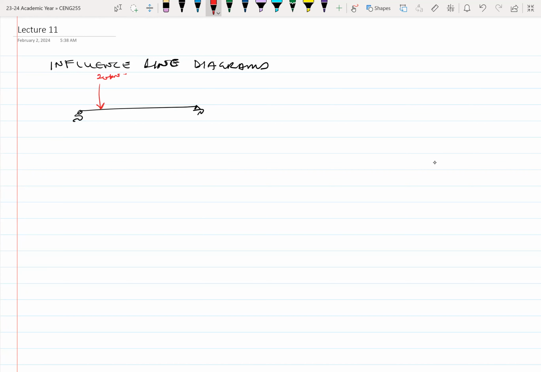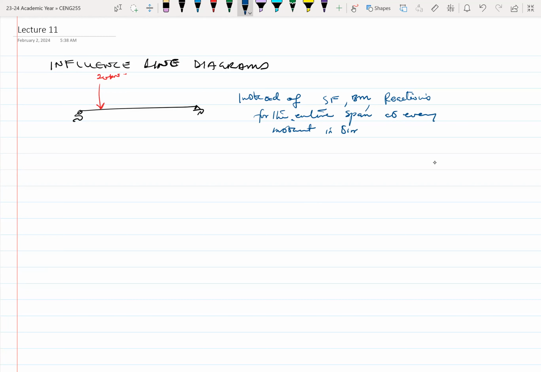Instead of finding shear force, bending moment, or even reactions, and even deflections, instead of finding bending moment, shear force, reactions for the entire beam or the entire span at every instant in time or at every point in time, we don't want to do this.